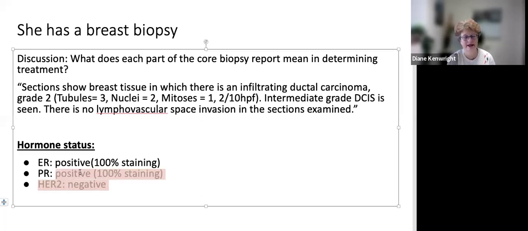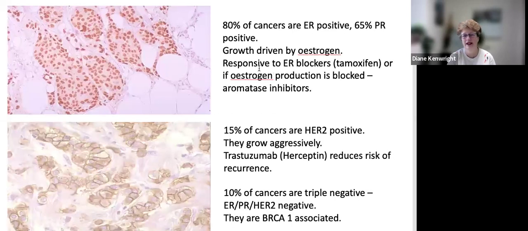Importantly, we always do the hormone status on this initial breast biopsy, because this allows planning of treatment and prognosis. So about 80% of cancers will be ER positive. It's a nuclear stain.